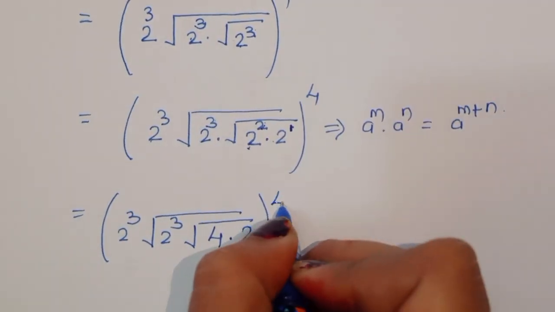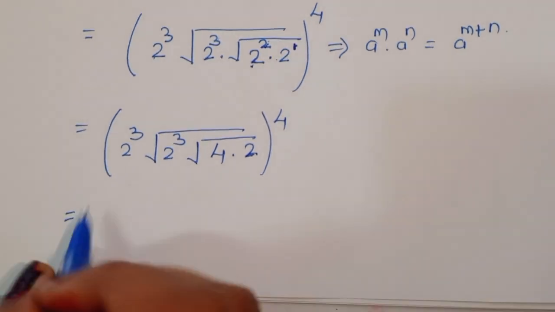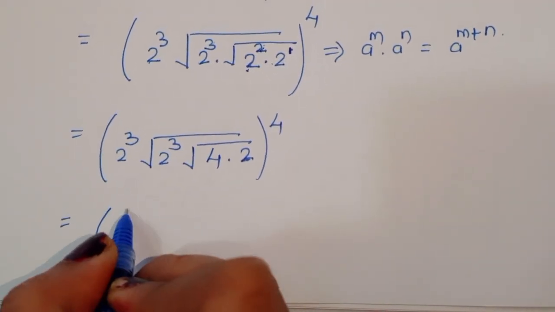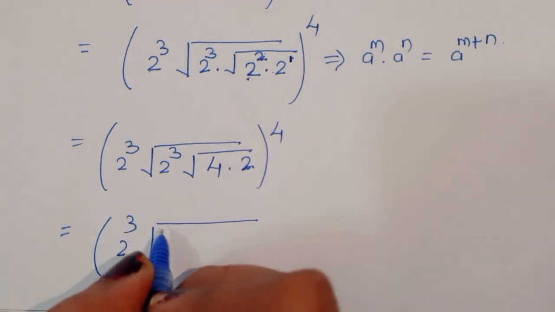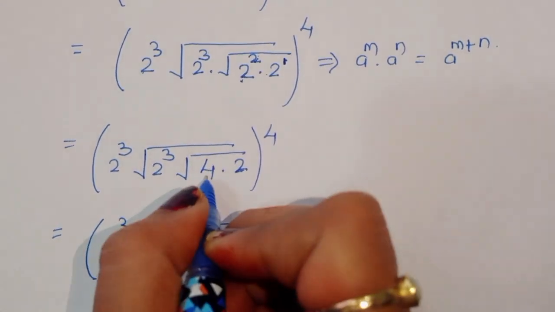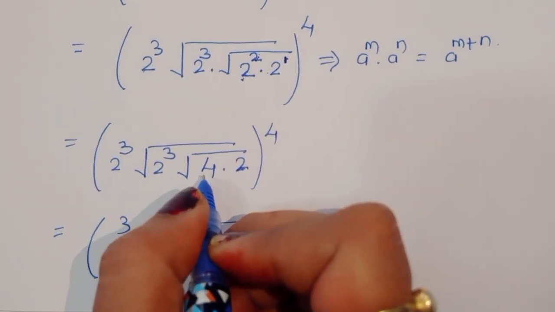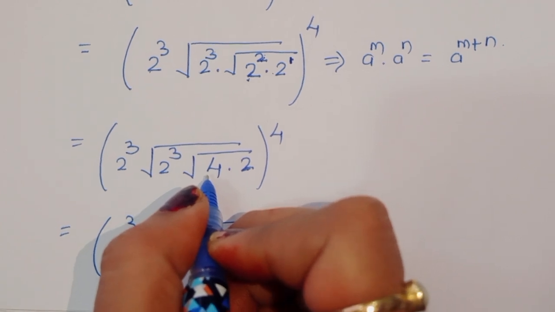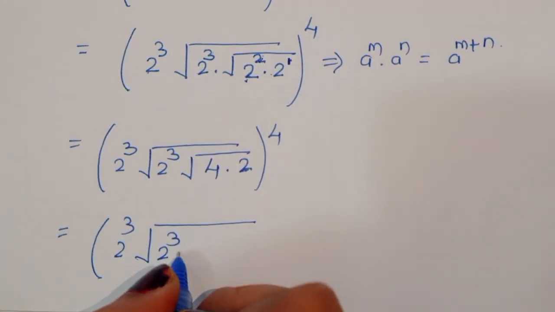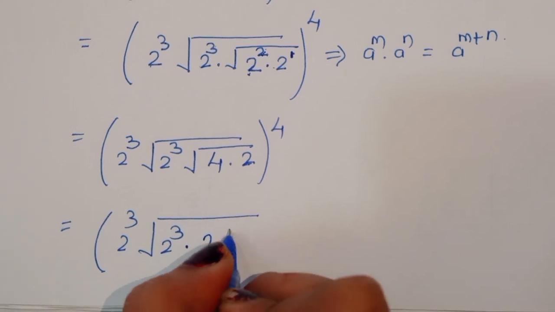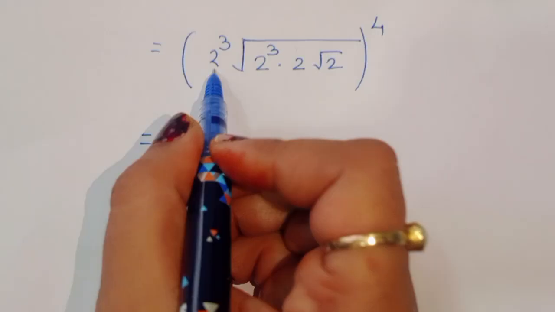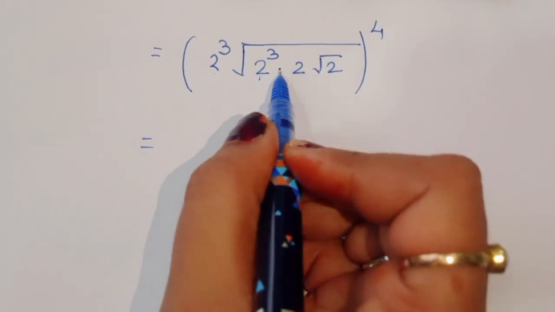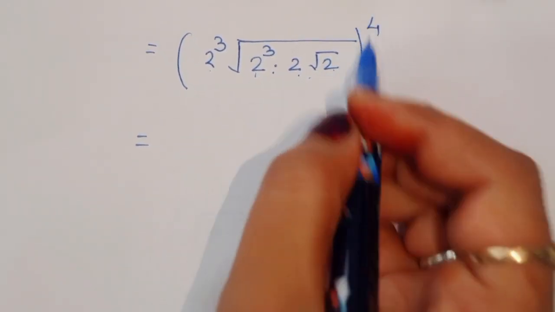Power 4 is equal to 2 power 3 square root 2 power 3. Now this is square root of 4, so we can write this 4 as 2, right? So we can write 2 power 3 times 2 square root of 2 power 4: 2 power 3 square root of 2 power 3 into 2 square root of 2 power 4.